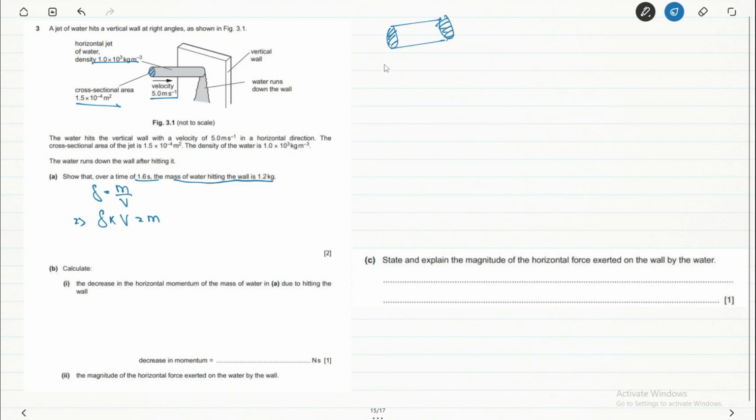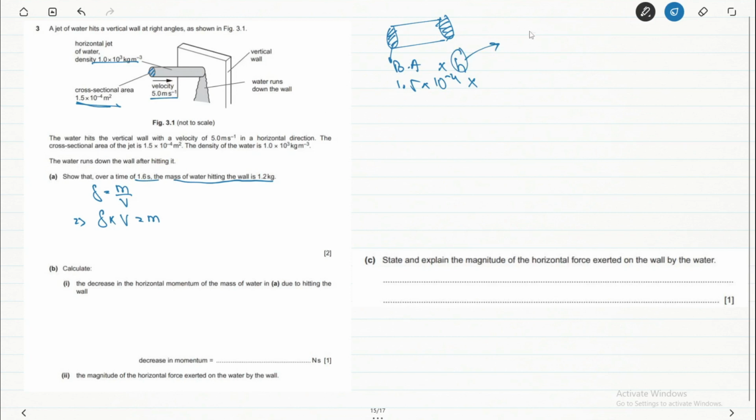So the formula is cross-sectional area, base area, times height. Now the area is this one, 1.5 times 10⁻⁴ meters squared.